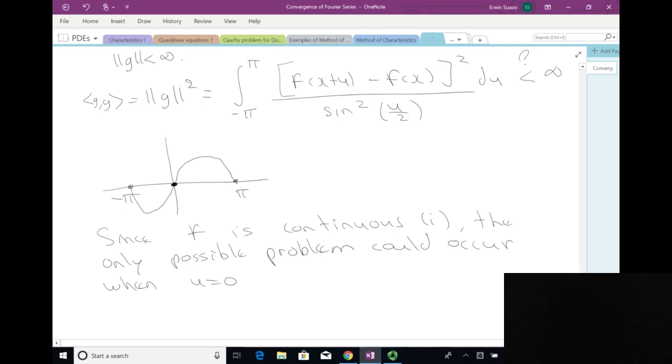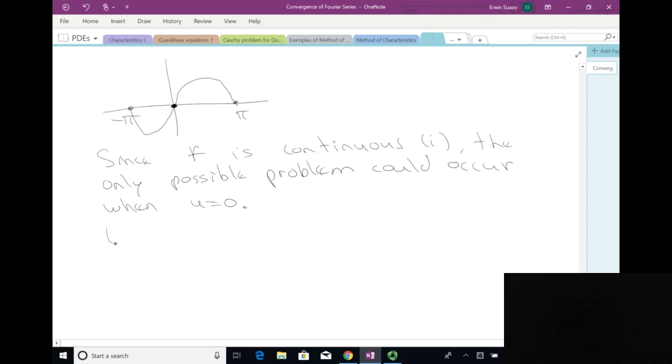Because at 0 I would have division by 0; otherwise I have no problem, because one function is continuous and the other is continuous. So no problem, except when the one below can be 0, so I will have division by 0. Then the integral cannot be less than infinity, so I have a problem. So I need to check that that's not a problem. That's the only point I need to check.